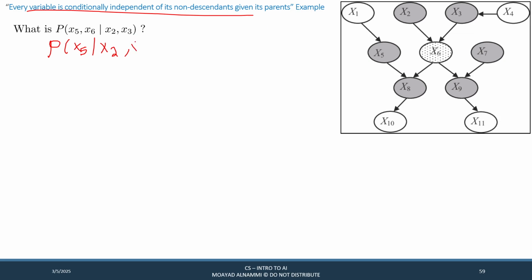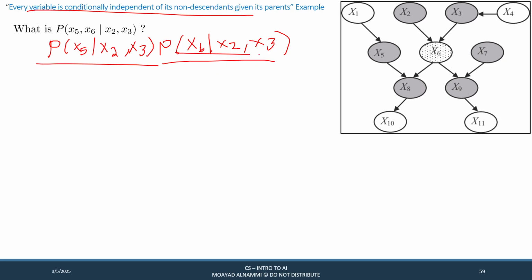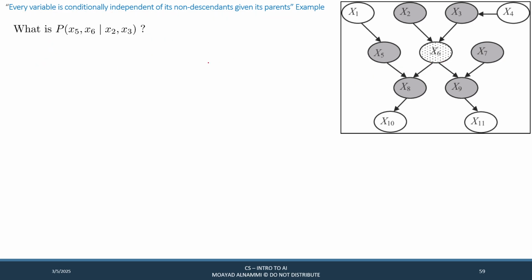We could have broken this query down into two queries: x5 given x2 and x3, and x6 given x2 and x3. We solve for each on its own, which is easy because we just need to consult the conditional probability table. So we could have exploited this rule to break down this query early on and solve it.